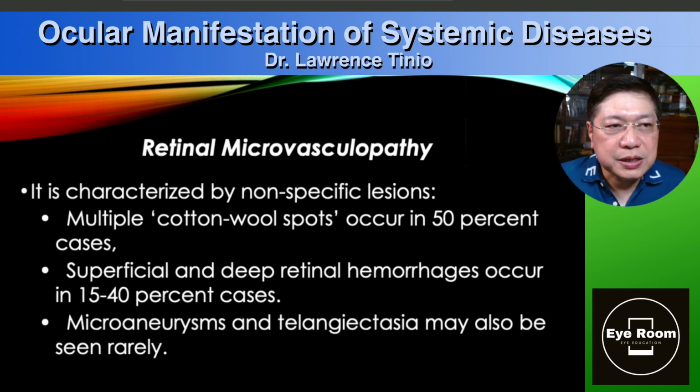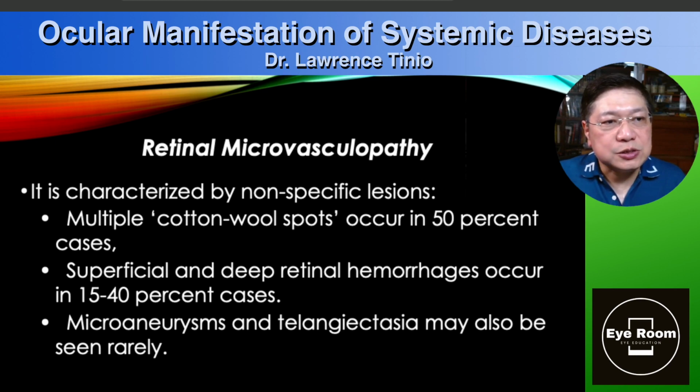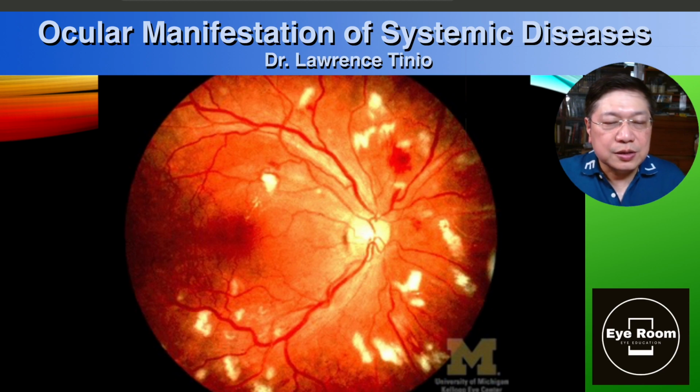Now, it's usually characterized by nonspecific lesions. There are multiple cotton wool spots occurring in about half of all the cases, and there are superficial and deep hemorrhages occurring in about 15 to 40% of the cases. Microaneurysms and telangiectasia may also be seen, but they're not that common. So, looking at the patient's retina would actually tell you that they may have an infection problem.